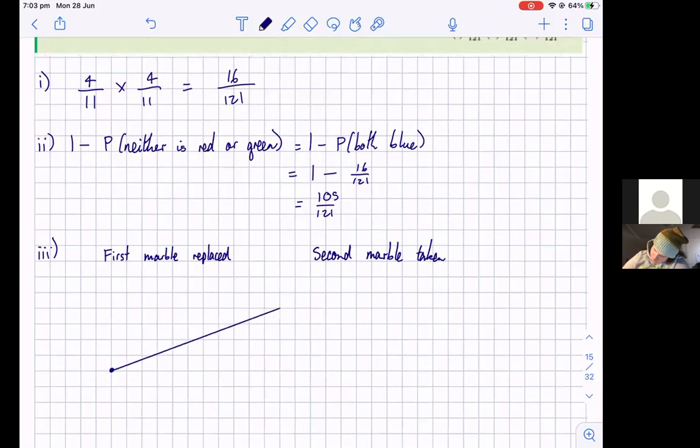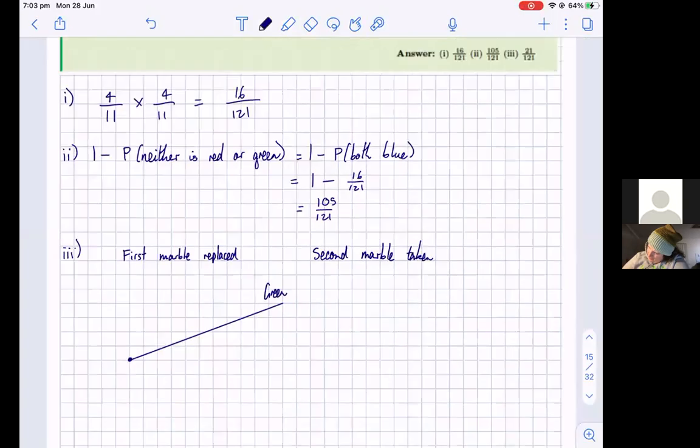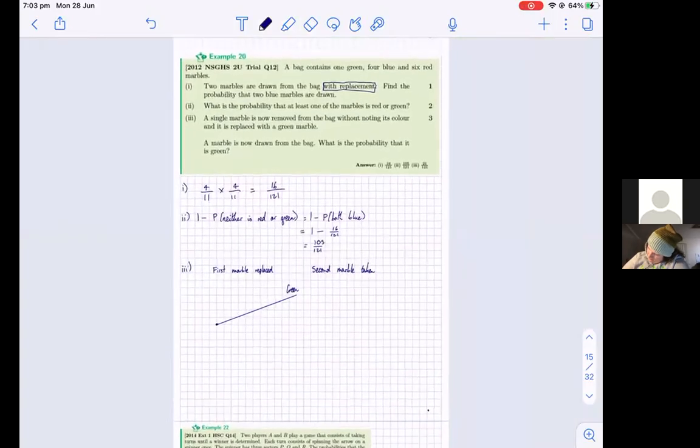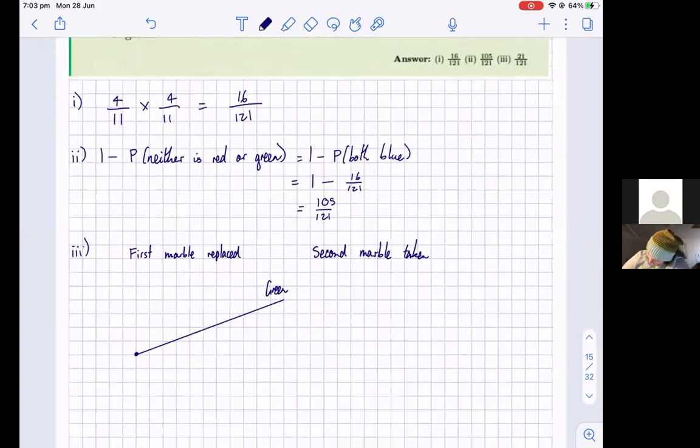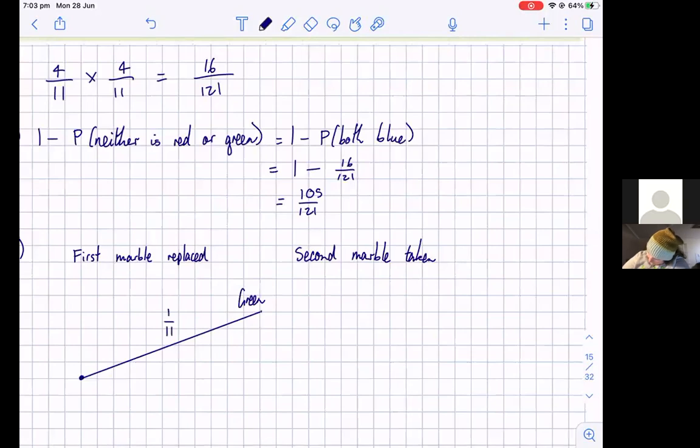Let's say the first marble they took out was green, which is a 1 on 11 chance. The probability that the second marble is green is still 1 on 11.